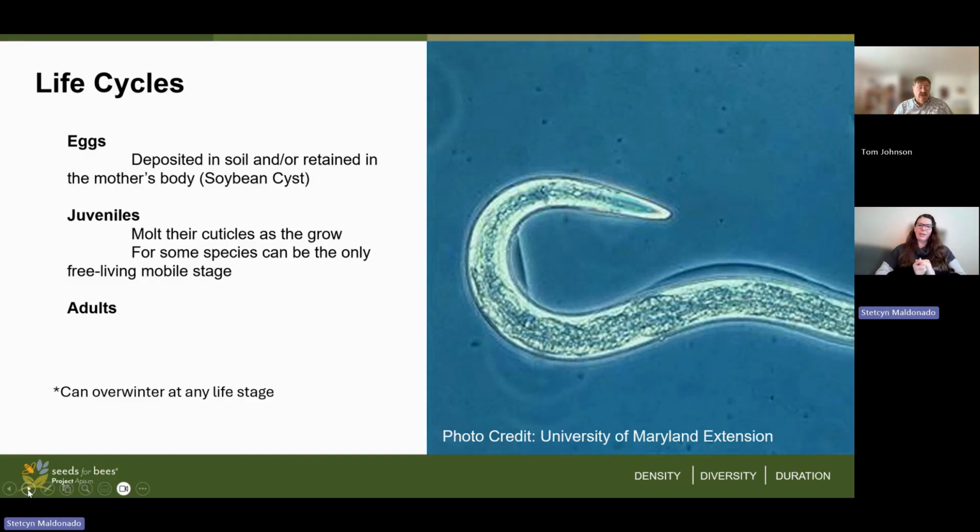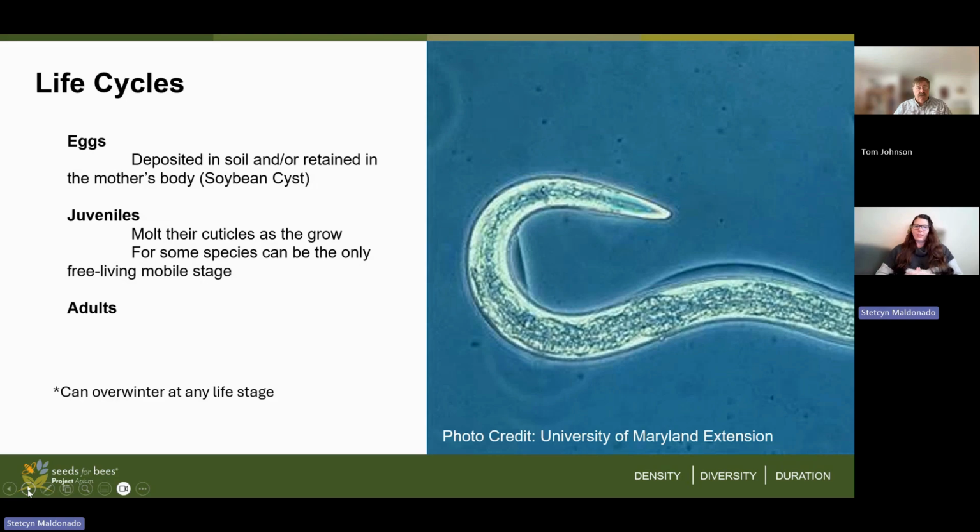And when she passes away, those eggs can hatch over the next couple of years, or up to 8 years. So there's definitely quite a bit of staying power for some of these. Not all nematodes do this, but I just thought that was an interesting example of how diverse their egg-laying systems can be. Juveniles will molt their cuticles as they grow, kind of like an insect.